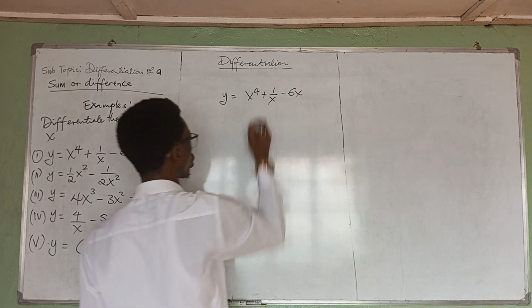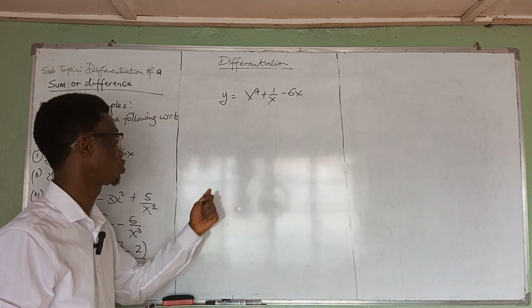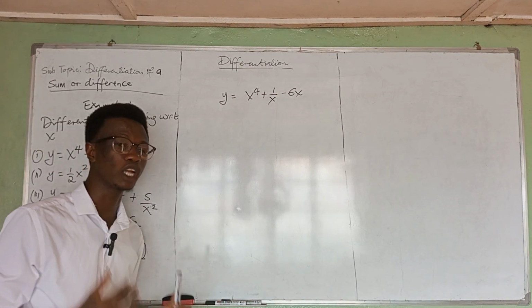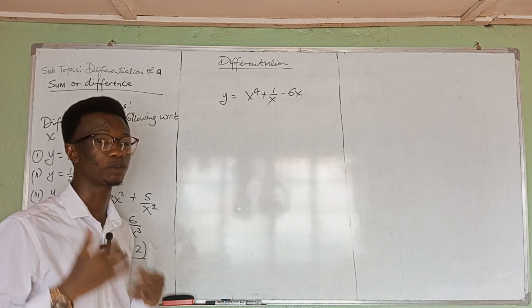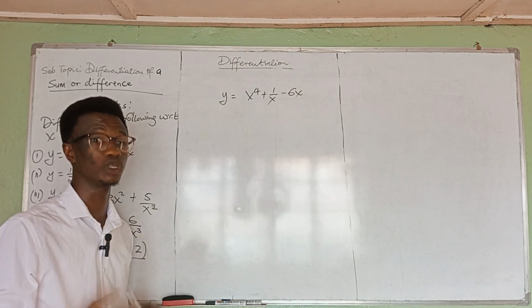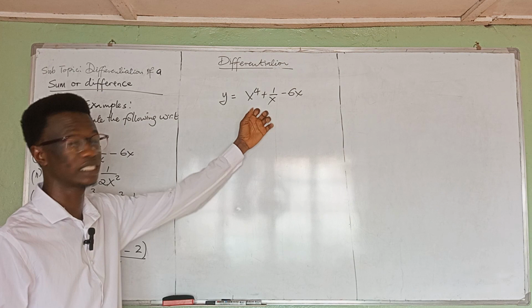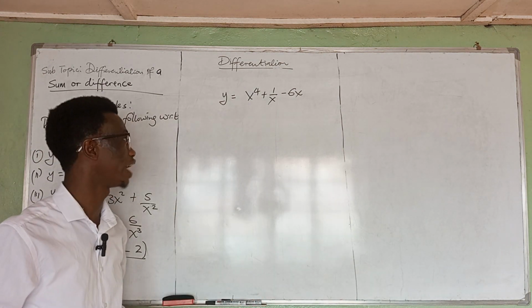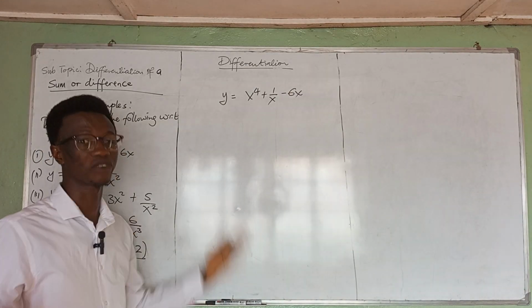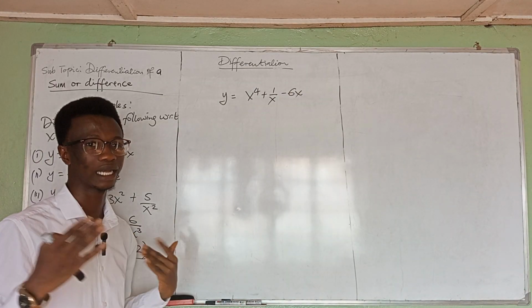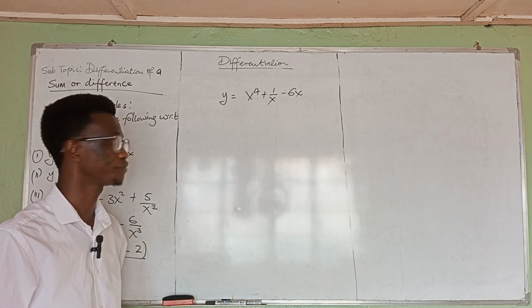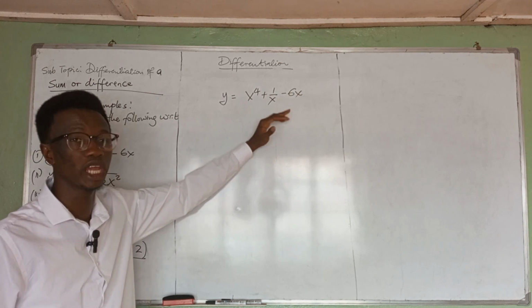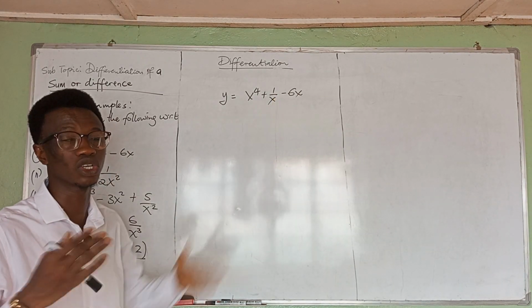If you are given this function and you have to differentiate it, the first thing you have to do always, because when you have fractions it becomes very difficult to differentiate, is this: I know when we get to the quotient rule, we'll be able to understand how to solve it even when it's a fraction. But here, when we have situations like this, the first thing you have to do is change all fractions to just like a whole number.